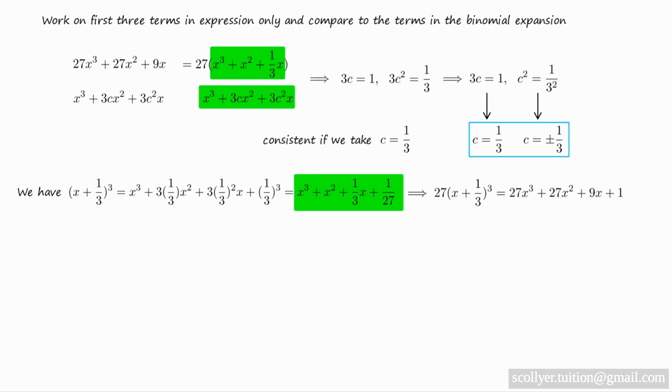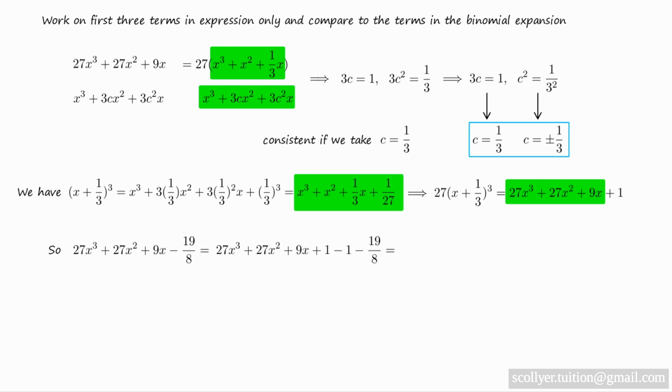And we note that we have generated the first three terms in the equation that we have to solve. And bearing that in mind, we take the expression from the equation and we rewrite it as 27x³ + 27x² + 9x + 1 − 1 − 19/8, where we have added 0 in the form plus 1 minus 1.